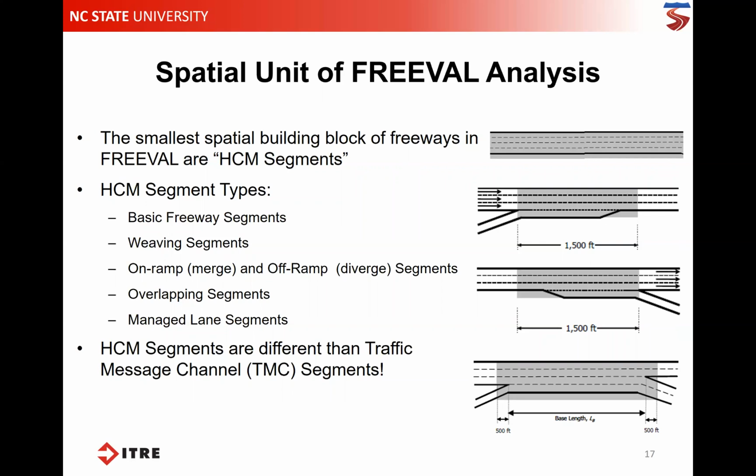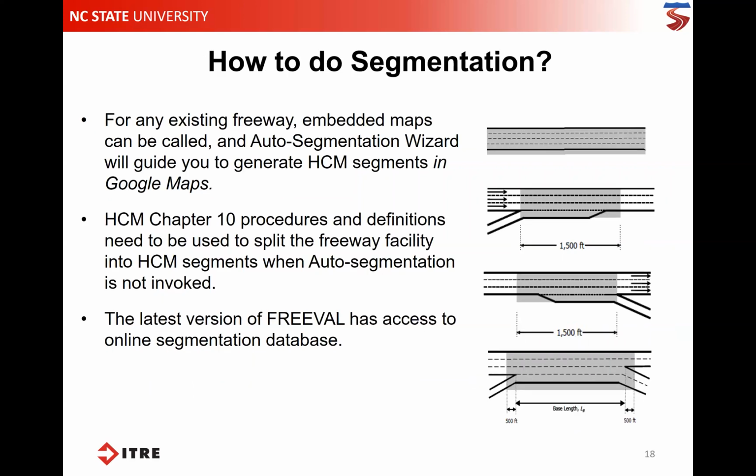Now, HCM segments, just to be clear, are different than the traffic message channel or TMC segments that are generated with the probe data. So we make sure that we consistently understand that relationship and account for it in our results.